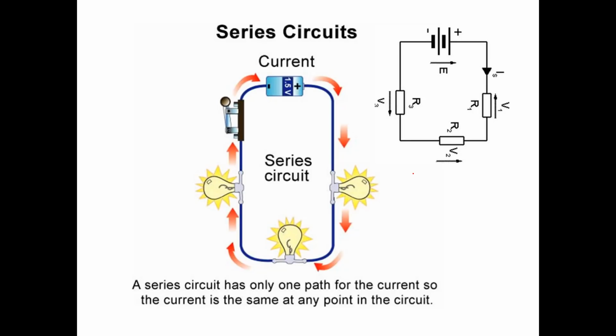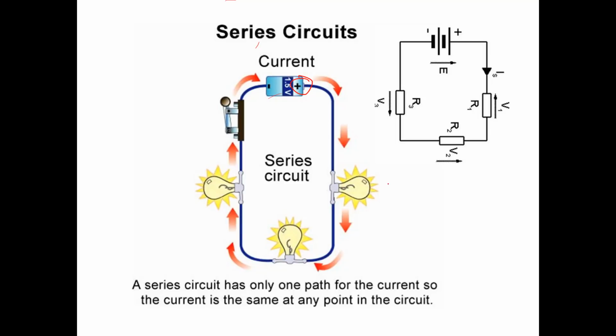Let's provide some details. As mentioned before, in a series circuit, there's only one path, only one path for the current to pass through. It leaves the positive end of the battery, through the light bulb, through the light bulb, through the light bulb, or whatever the resistor is, through our switch, and then back to the negative end of the battery.